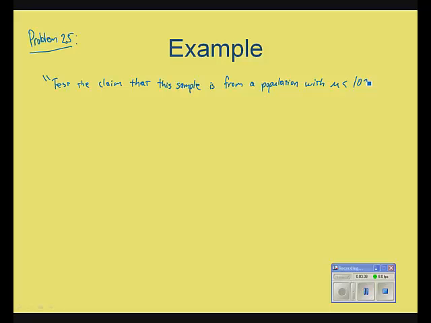I've never heard of that in my life. The mean number of hiccups is 1,000 per minute, per hour. Hic.